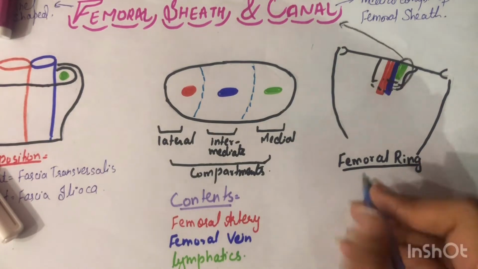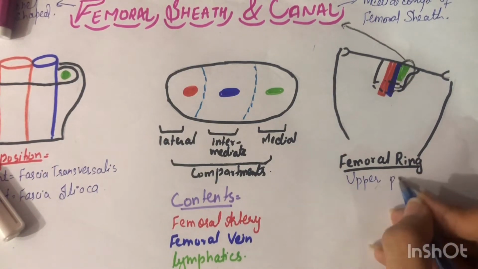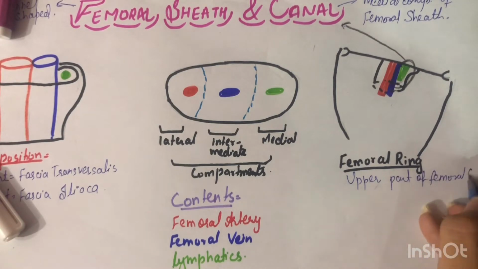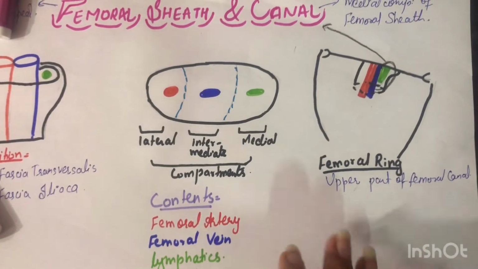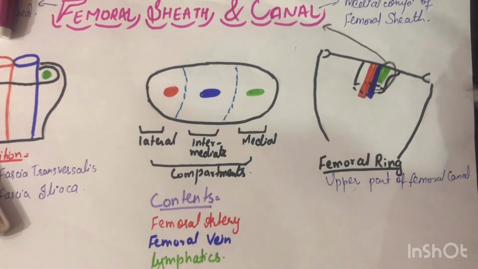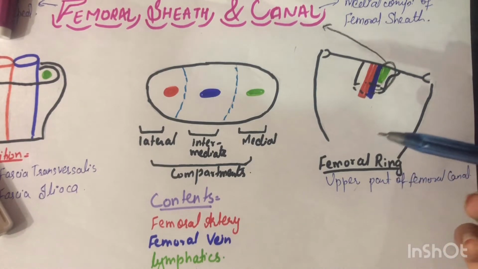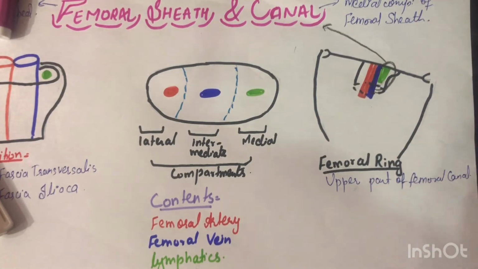So this is the upper part of the femoral canal. The femoral canal contains the lymphatics, which have a special name: the lymph nodes of Cloquet, or the Gruson-Muller.